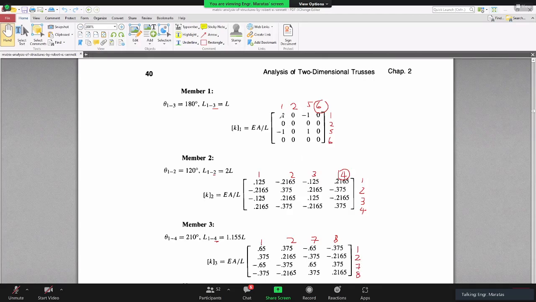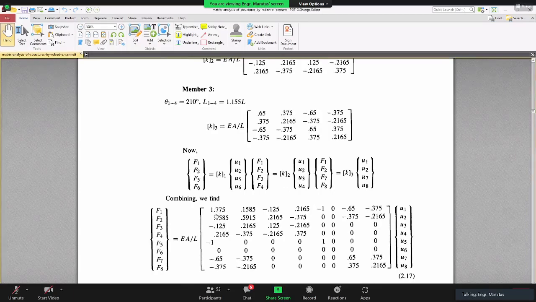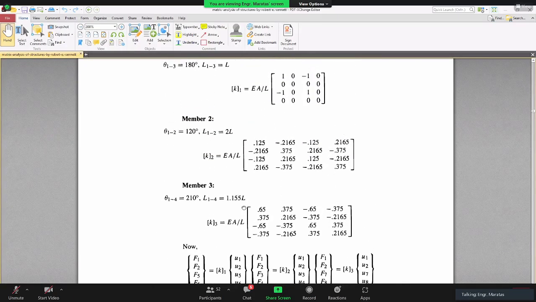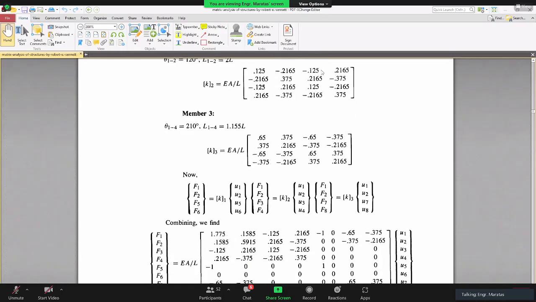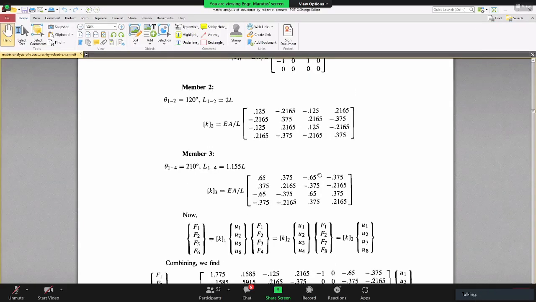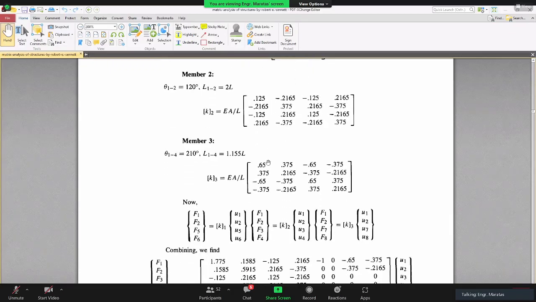Now you can see the advantage of designating this as node 1. It's very easy to add: for example, this 1 1 and this other 1 1, you simply add these two to get this. You can try it. This is 1.775, the sum of 1.125 and 0.65.